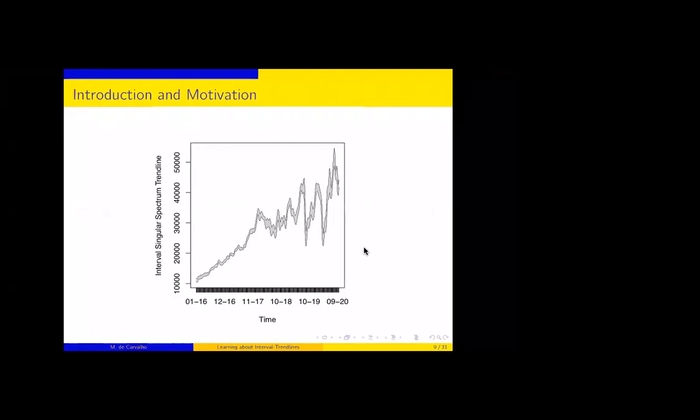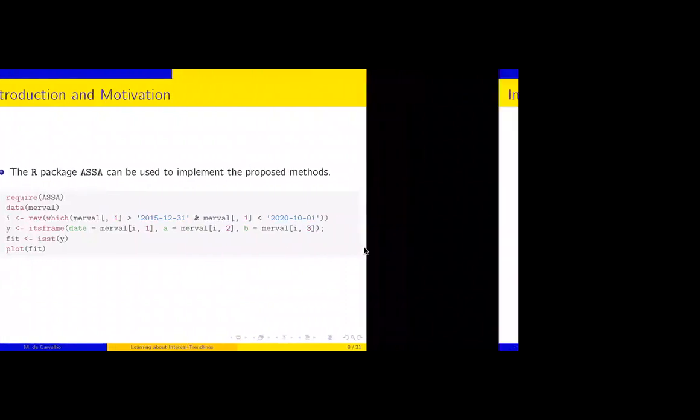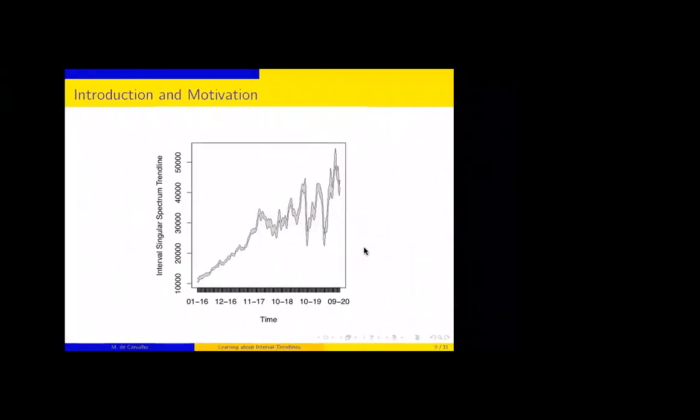Right, and I'll come back to the data here. I'm being silent in terms of this data set, but this is also the data set that we'll be using later on in the data illustration. So I'll come back to this later. This would be a final outcome of using these methods.